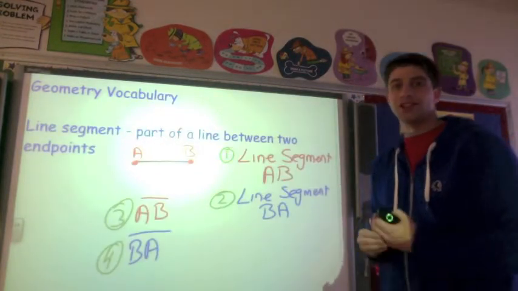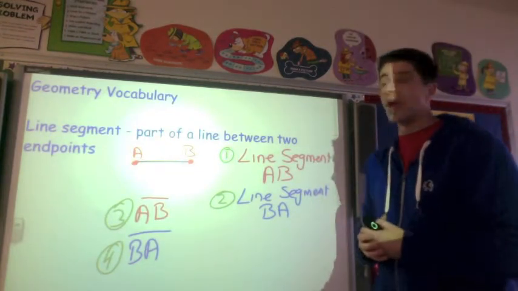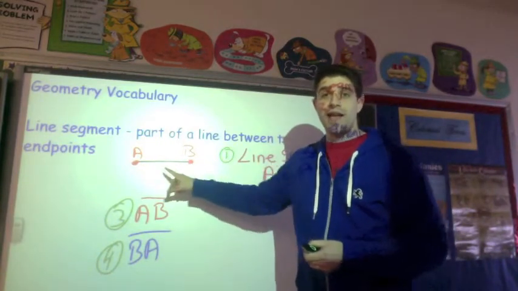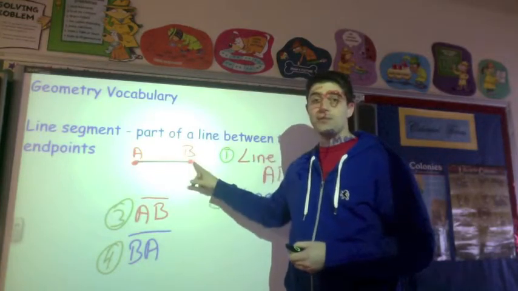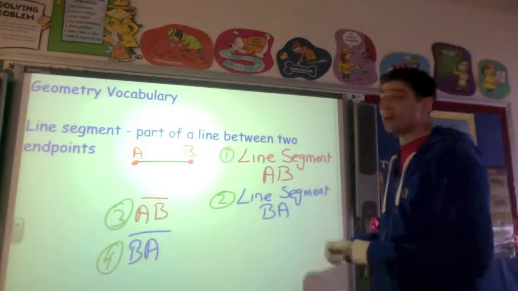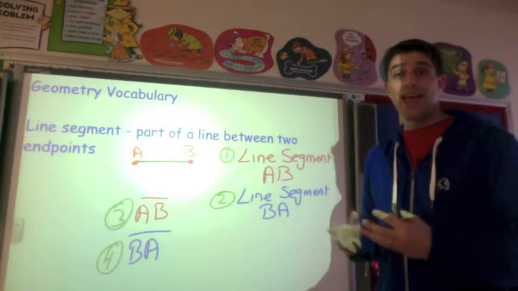Our next word is line segment, and it's a part of a line between two endpoints. Here's my line segment. Notice no arrows at the end, just the two endpoints, A and B. There are four ways we can say this. We can say line segment AB, or line segment BA.